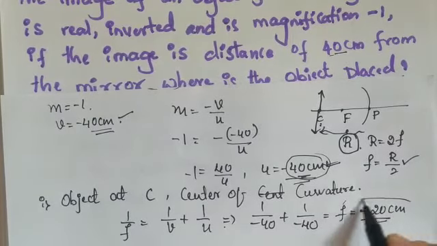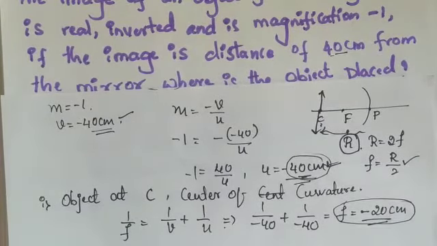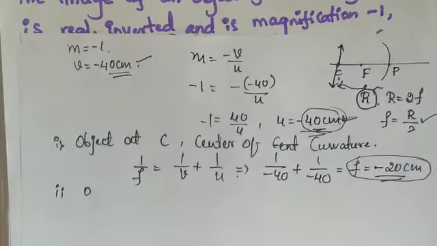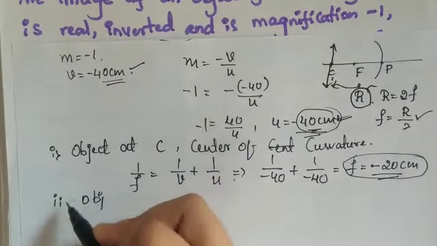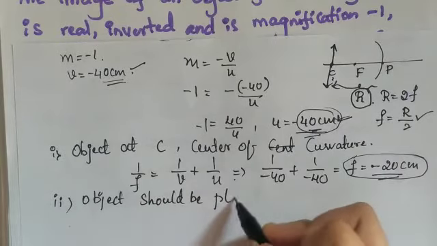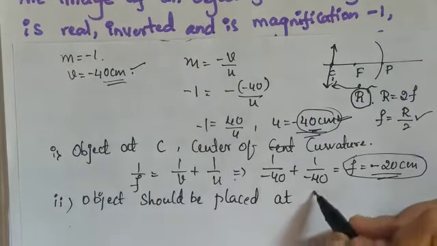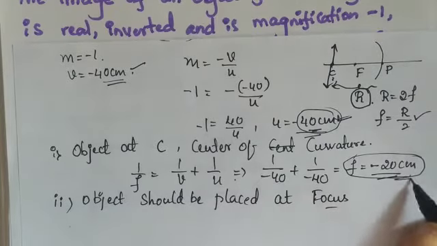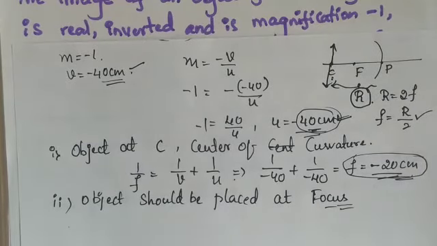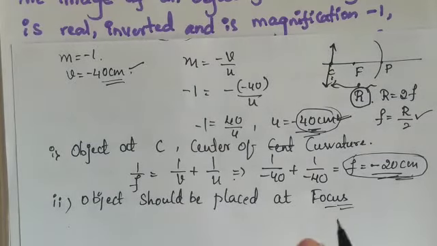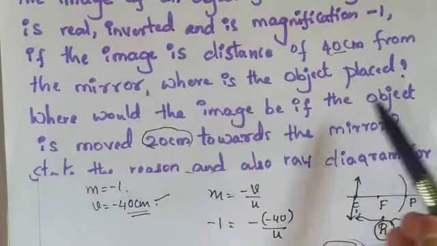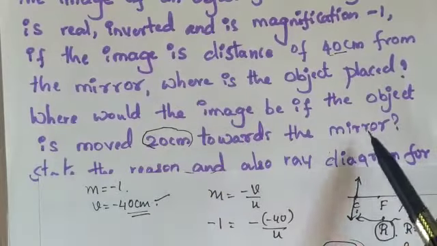Now, if you have got the focal length as minus 20 centimeter, it means for the second one the object should be placed at the focus, isn't it? If it is 20 centimeter, they are saying the object I have to place at the focus. Now, see the question they have given: where would the image be if the object is moved 20 centimeter towards the mirror?